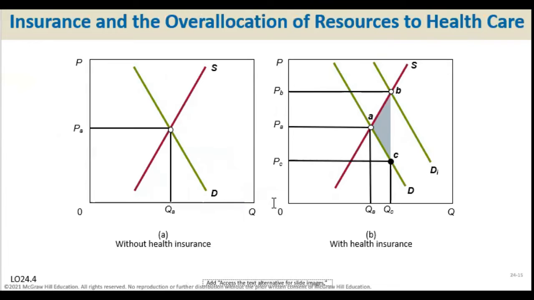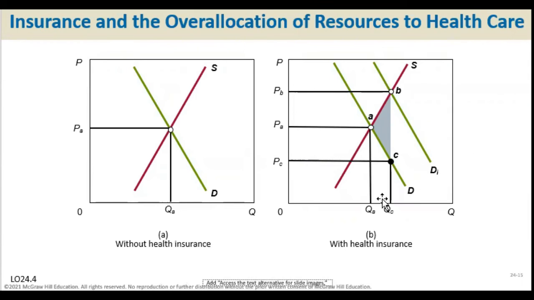So let's look at some of the loss of efficiency through this graph. The figure here shows the allocation of resources for those without insurance and with insurance. You see the equilibrium here, where we have the quantity consumed QA at the price PA.